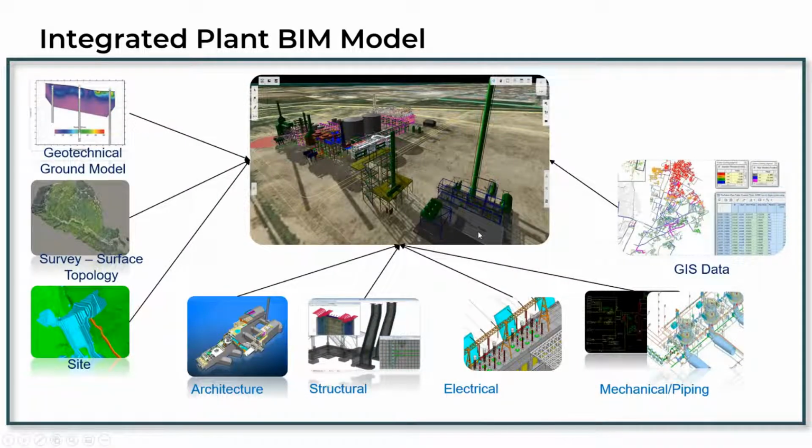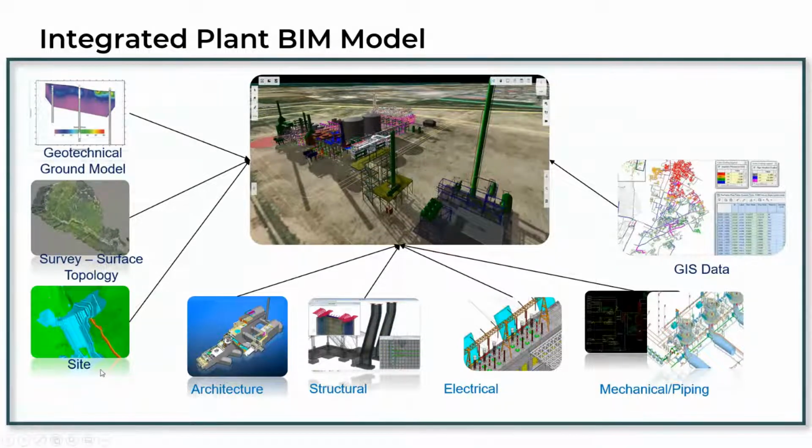Okay, before we proceed with the applications, I'll give you the different sources of the data. In an integrated plant BIM model, as you can see here, we have different disciplines or departments working together to build your project.